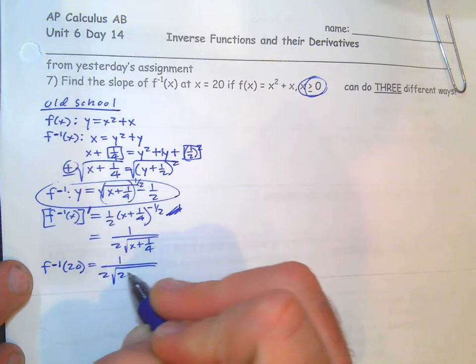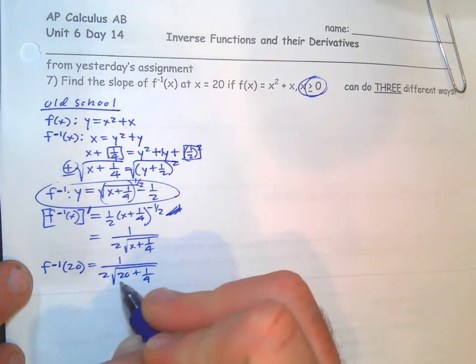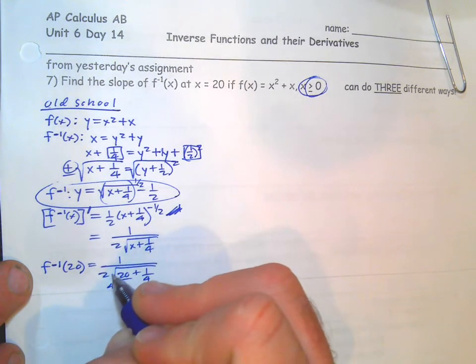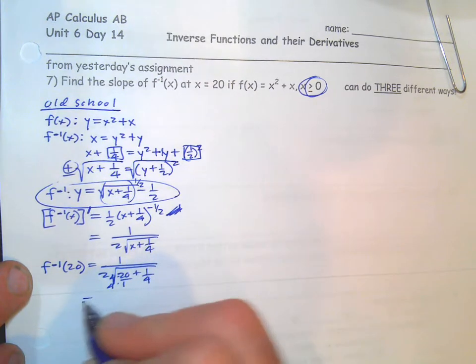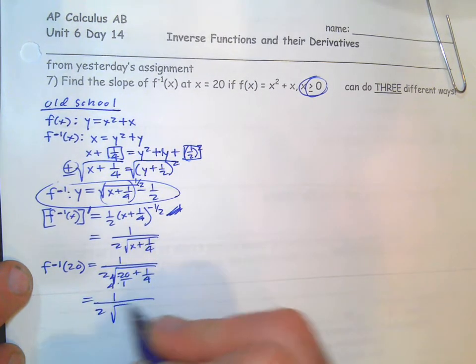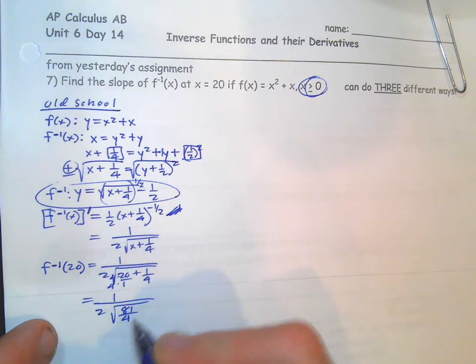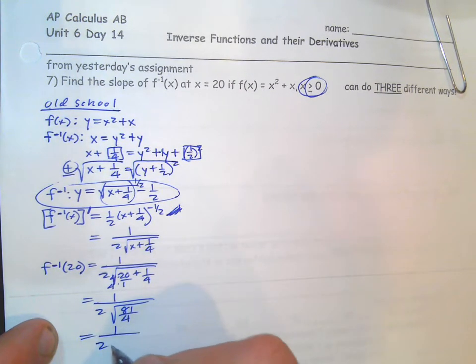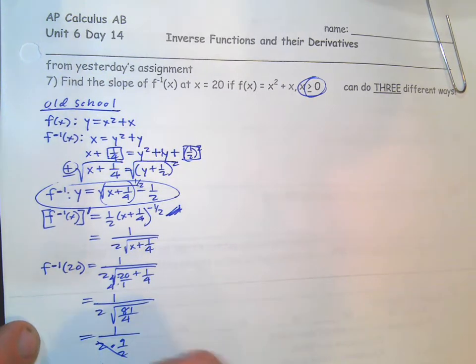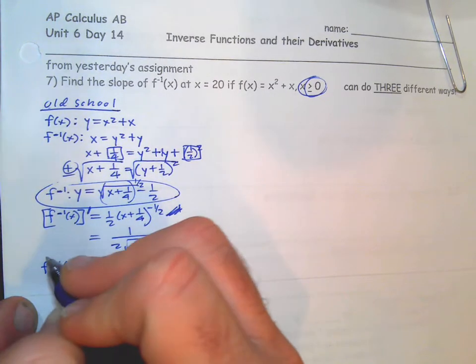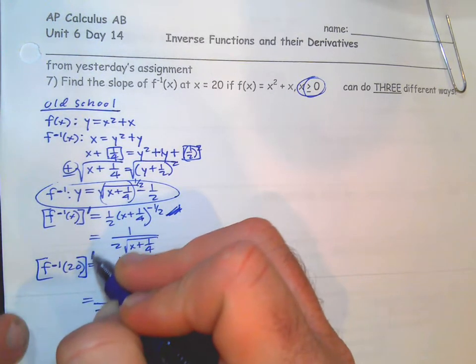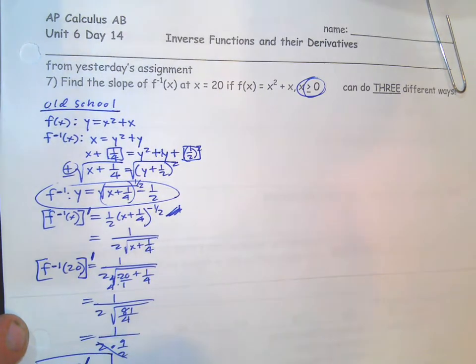So you plug 20 in there, get a least common denominator, 4 times 4. So that gives you 1/2 square root of 81/4, which gives you 1/2 times 9/2, which gives you 1/9. And that is the answer.